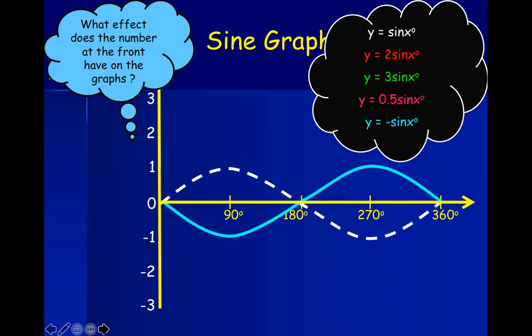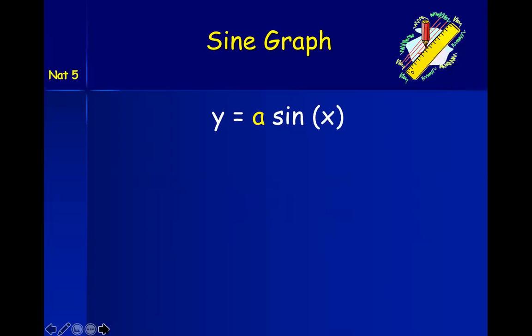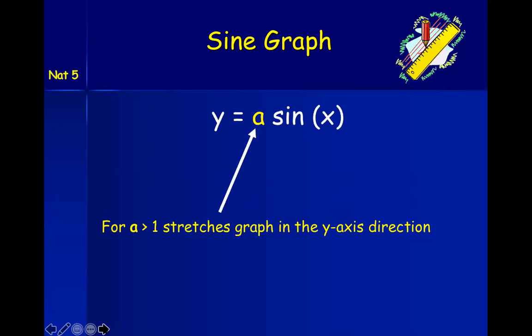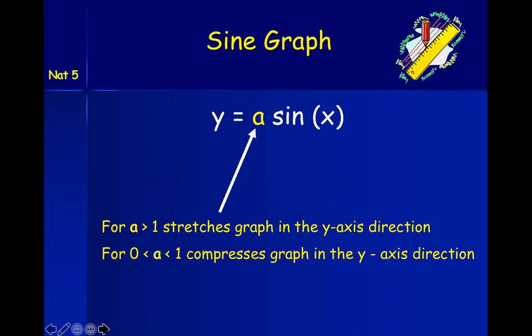Now what we need to remember is, for a greater than 1, our graph stretches in the y-axis. It's a bit like growing up. For a between 0 and 1, we compress it, so the amplitude becomes less than 1. But when we've got a negative, we just flip the graph. So you think about how the positive graph would look, and you flip it in the x-axis.